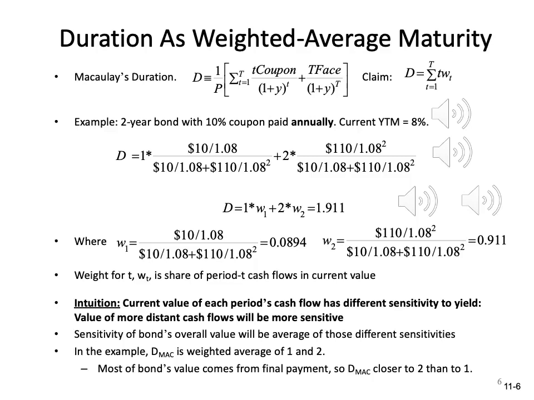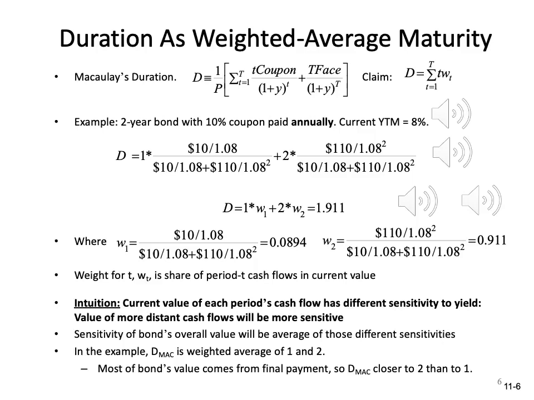D equals 1, the first time period, times the discounted value over the total bond price in the first period. Okay, so let's look at the first term. The first term is 1. 1 is time period in year 1. So 1 times, in the numerator, we have the $10 divided by 1.08.